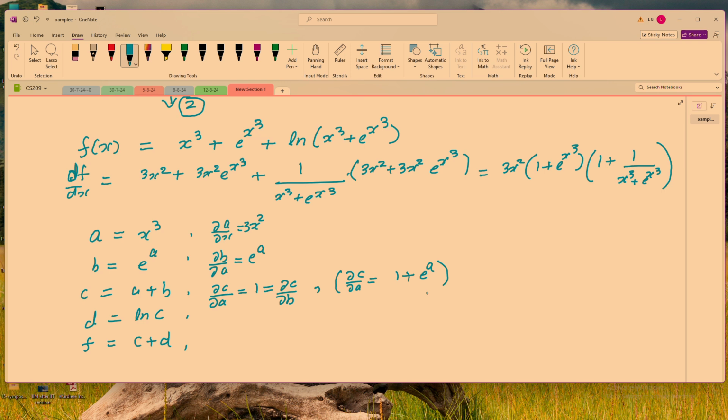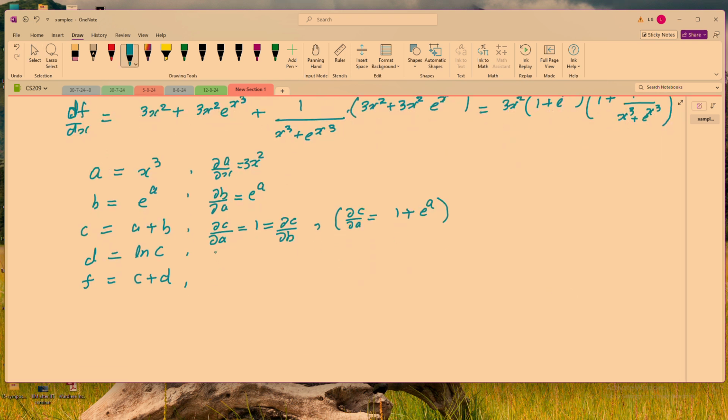I'm not saying read it backwards, but I'm just emphasizing a point which you'll see in a minute when we come to the graph. So we go down slightly. Again, dd over dc is 1 over c.